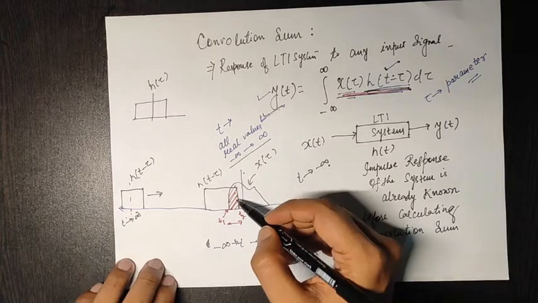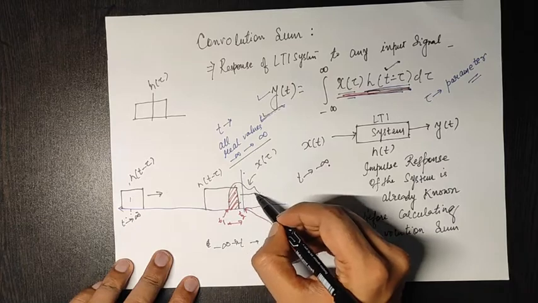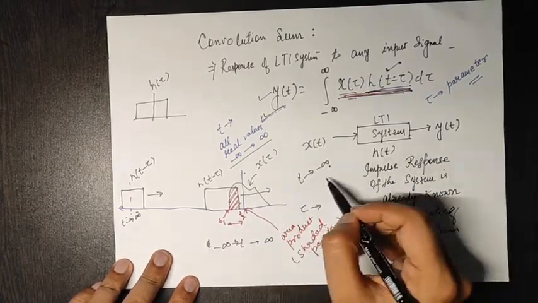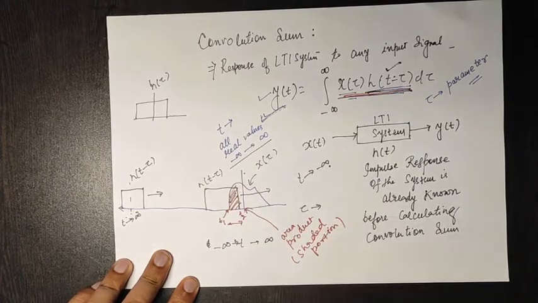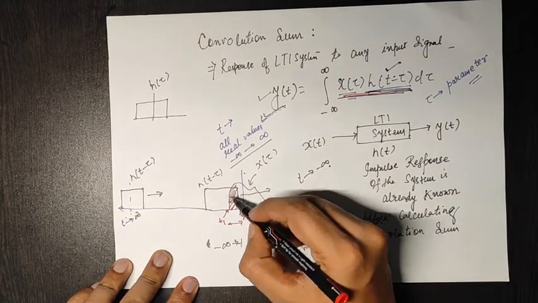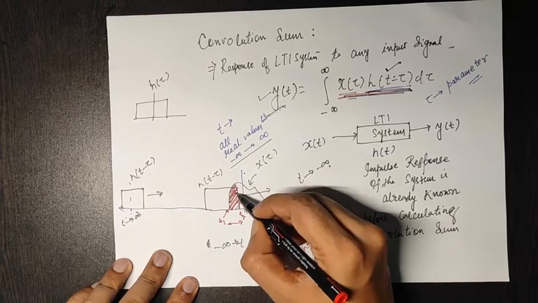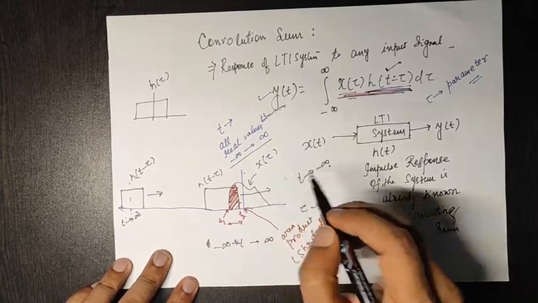Now it is at this point. Similarly, it will continue traveling in the forward direction, and right now it has this much amount of area. Suppose it travels again a bit forward, then what will happen?